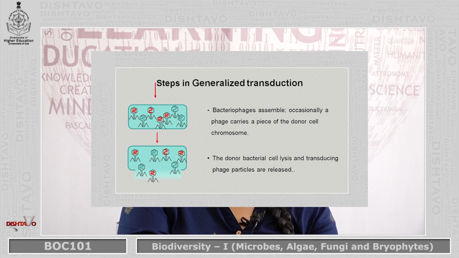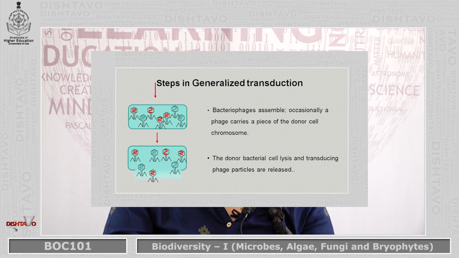In this cell, now there are two types of bacteriophages: those which have a normal bacteriophage genome and the phage which has a bacterial genome. The phage which contains a donor bacterial genome is called a transducing phage. When the viruses mature, they are released from the cell by bursting it open. In this process, the cell dies.